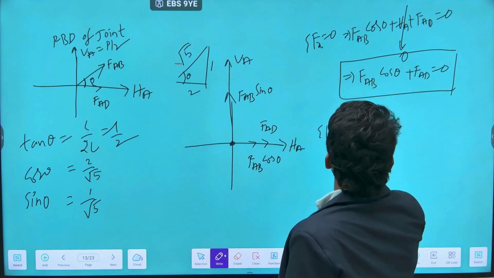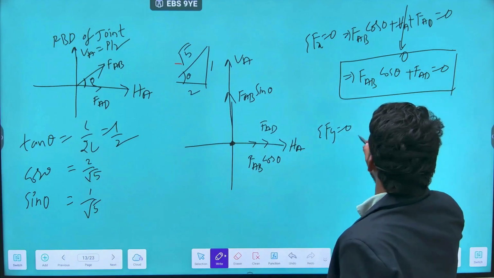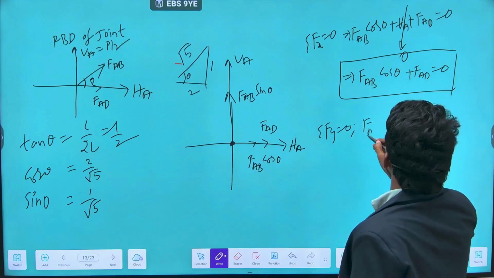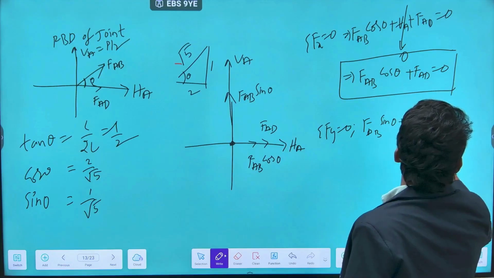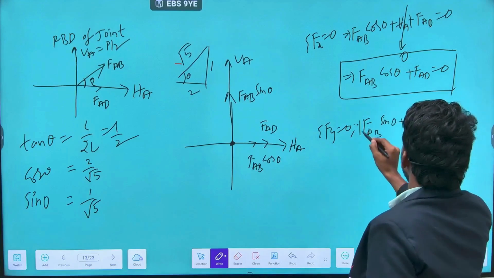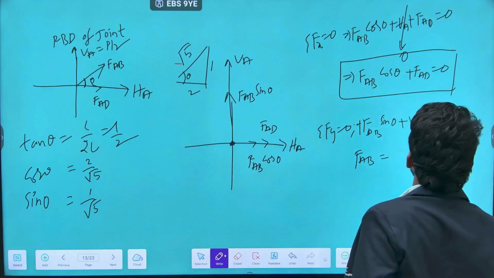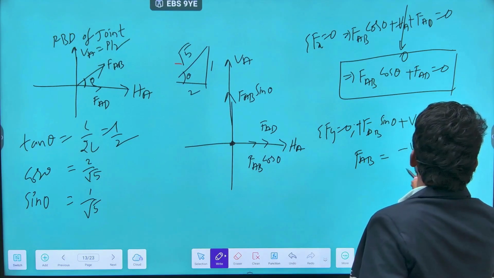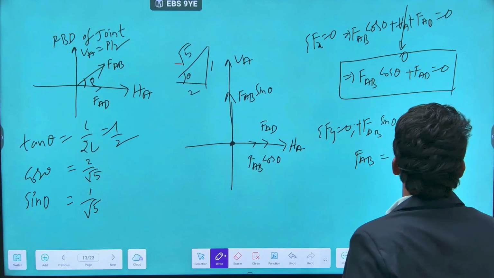Let us apply sigma Fy equals 0. FAB sin theta plus VA equals 0. Both are in positive y direction, so both are positive. So FAB equals minus VA by sin theta. Here I am directly writing the step.